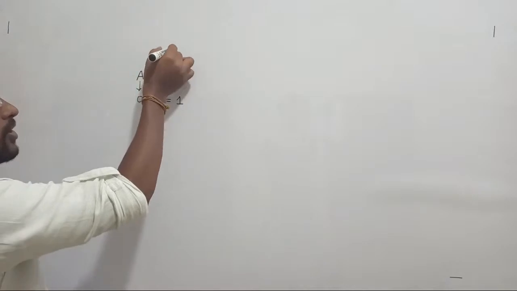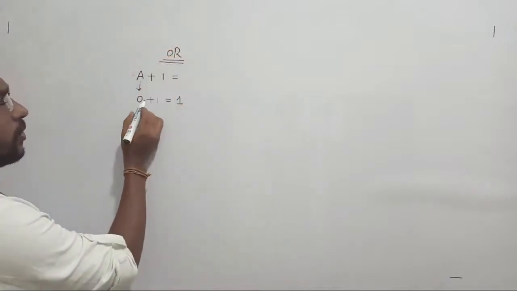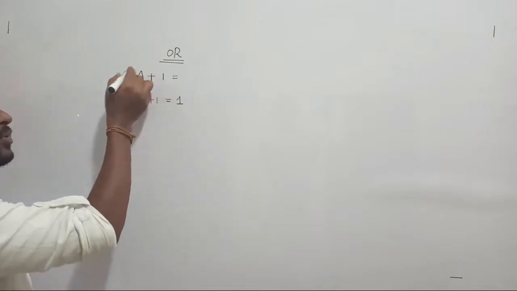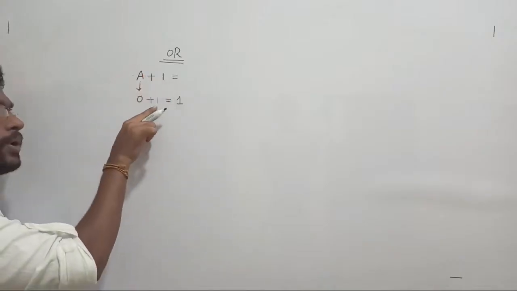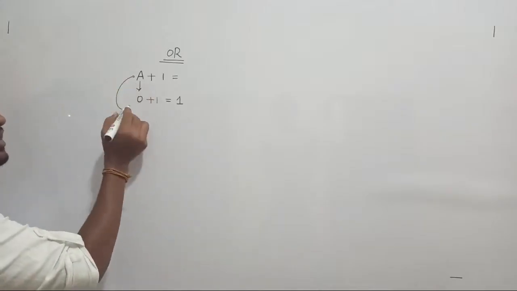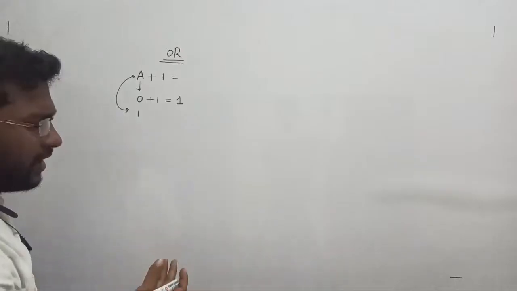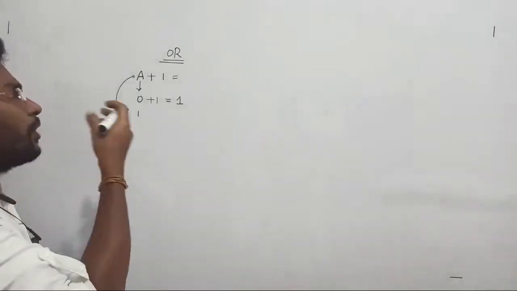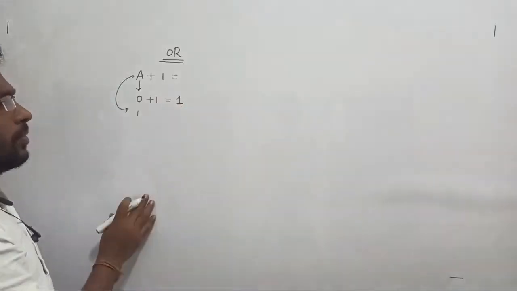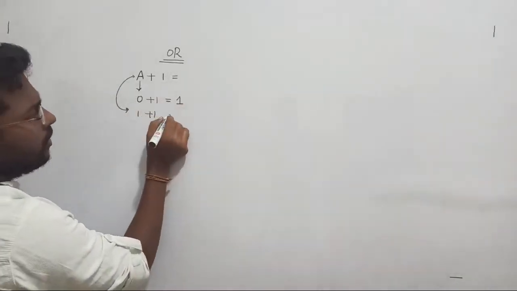In the case of the OR operation, let us see some of the properties. What I told you is, from the input side, if at least one pin is enabled, then your output will be 1. Similarly, suppose this A might be 1. It contains both 0 and 1, so we should see the possibilities. If it is 1, then 1 plus 1 is 1.